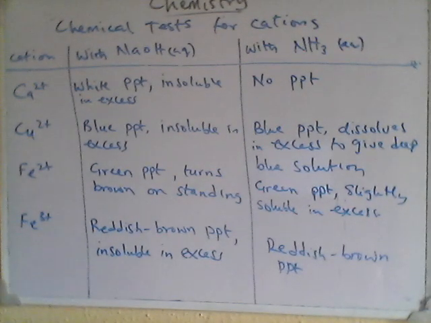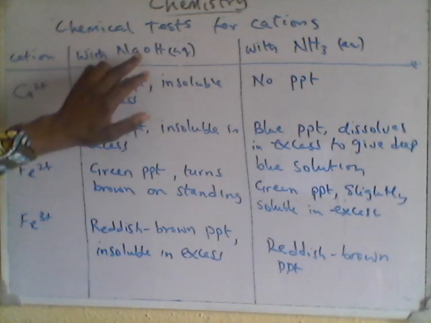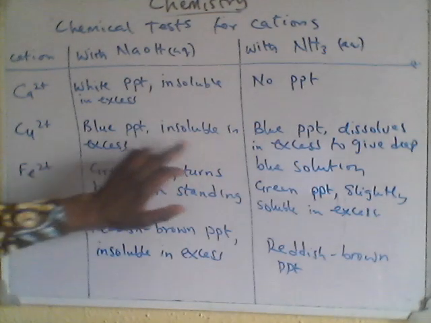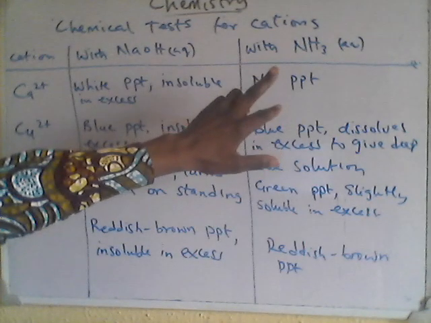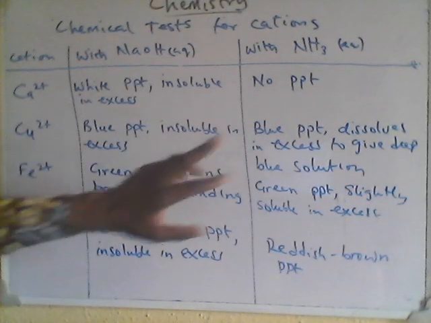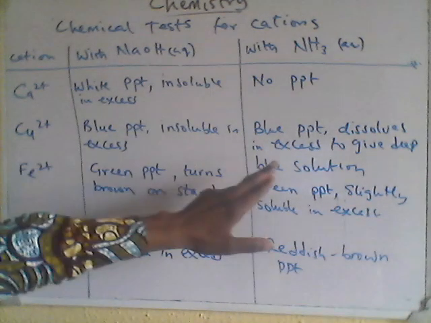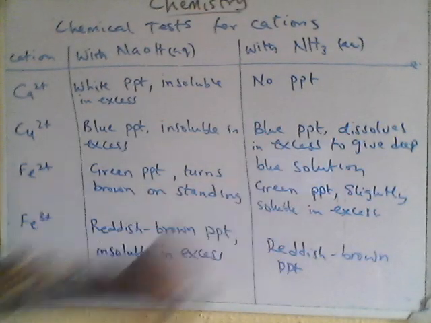Now for copper ion, if you put sodium hydroxide, you have a blue precipitate insoluble in excess aqueous solution. With aqueous ammonia on copper ion, you see a blue PPT that dissolves in excess to give a deep blue solution.